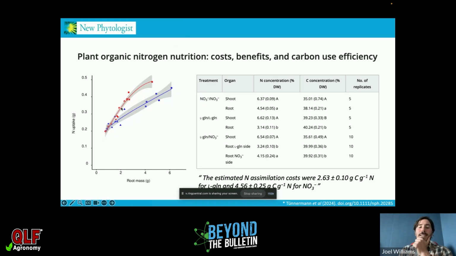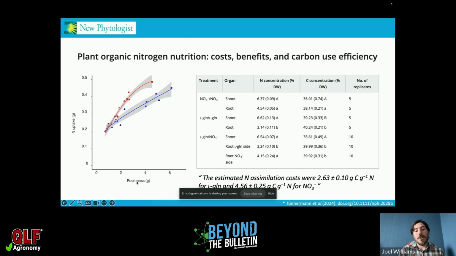The red is nitrate and the blue is organic, the amino acid. Of course, the blue is lower than the red, so we have less nitrogen uptake and less nitrogen in the plants from that organic form.